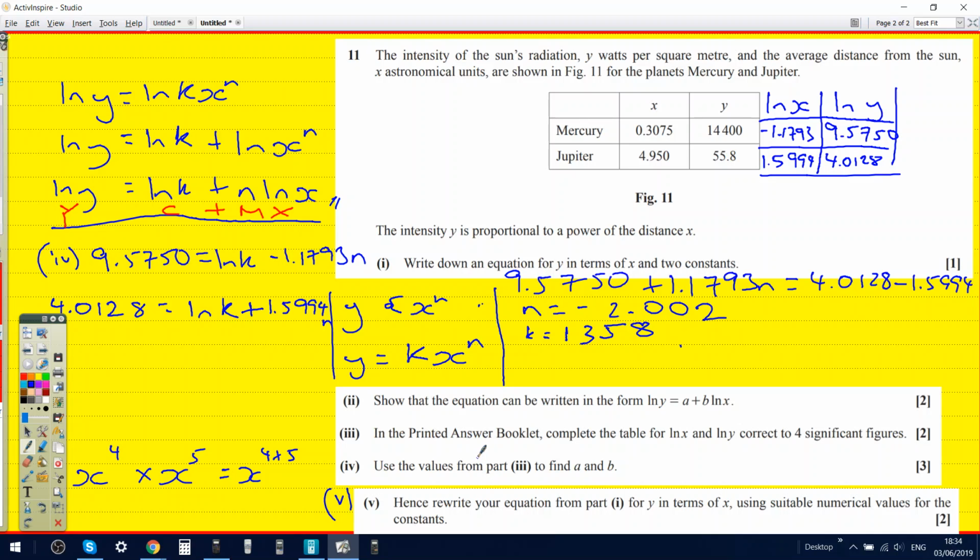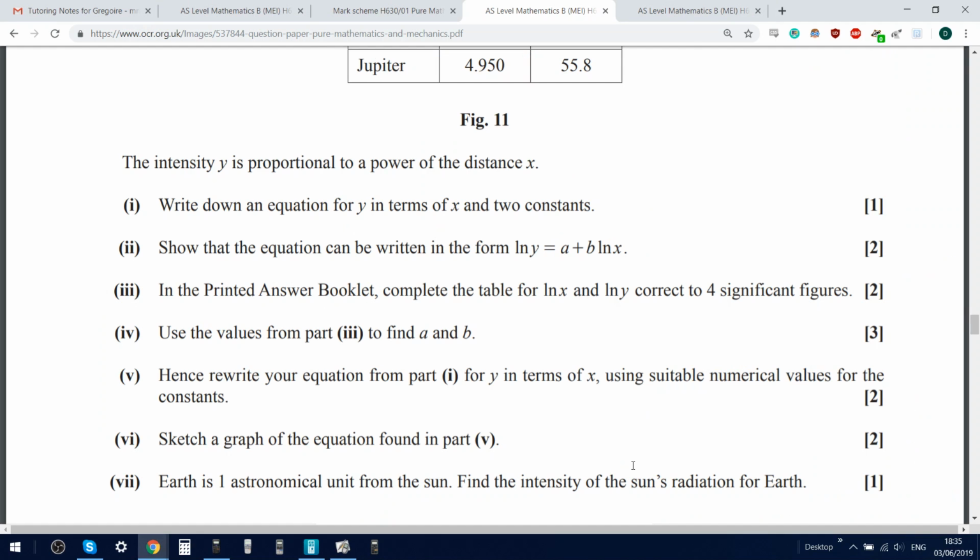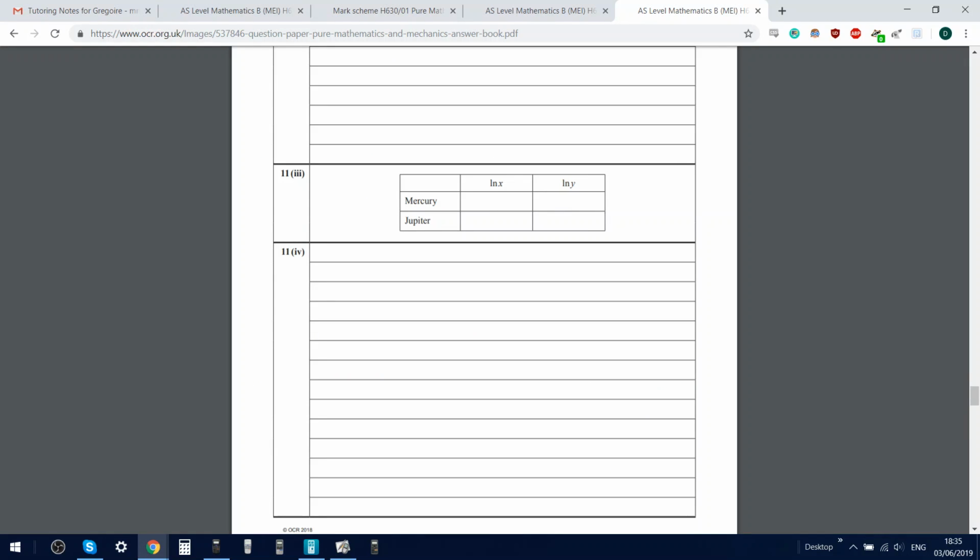Yeah. Oh, so we do y equals 1358 x to the power of minus 2.002. What was it? Minus 2.002, because that's what we got for n. Yeah, looks good. And then you would sketch that graph.